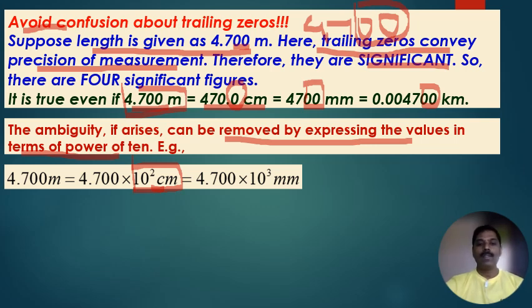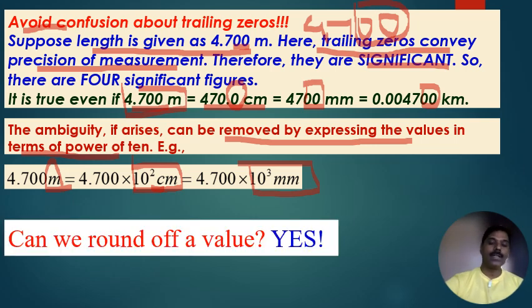Similarly, 1000 millimeter makes 1 meter, so in place of this meter, we take 10 power 3 millimeter. So you will have no ambiguity: 4.700, 4 significant figures in all the 3 cases.